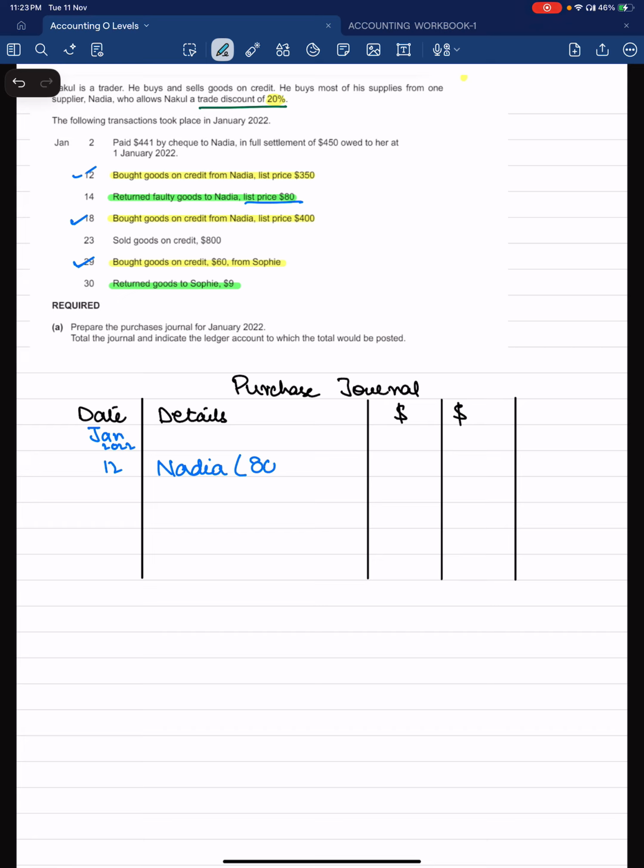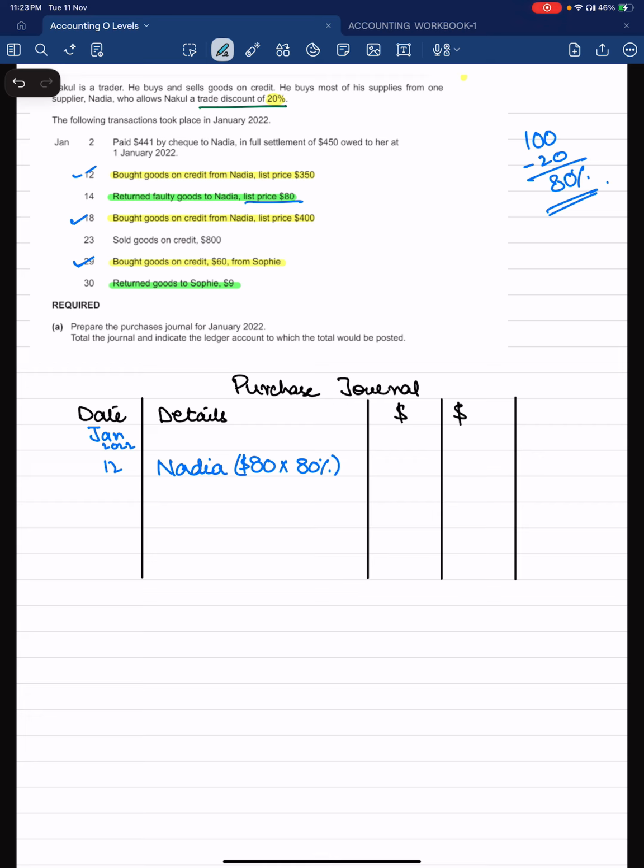मैंने $80 लिखकर इसको मल्टीप्लाई कर दिया. This 20% means कि if I deduct 20% from that of 100%, तो 80% is the remaining percentage because 20% is a trade discount. तो अगर मैं $80 को 80% से मल्टीप्लाई कर दूंगा तो मेरे पास रिमेनिंग अमाउंट आ जाएगी. ठीक है.